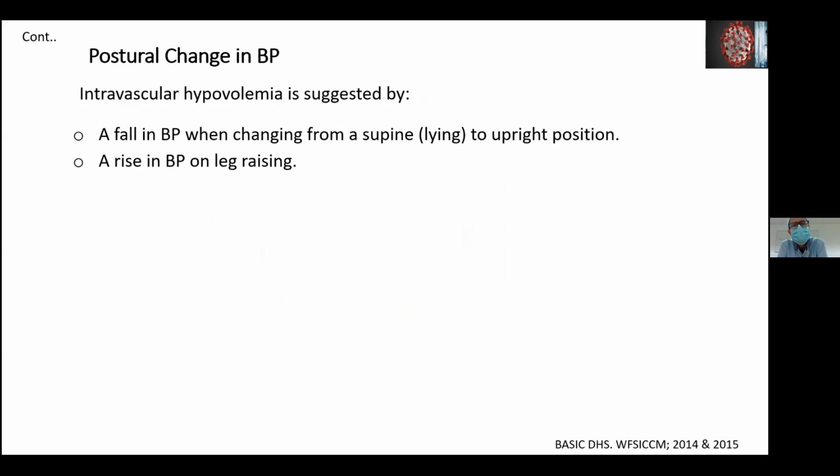That's why intravascular hypovolemia can be suggested if there are two conditions. First, there is a postural change: when you change the patient from supine to upright position and the BP drops, that is evidence or suggestion that the patient is hypovolemic. As well, if the patient is lying down and you raise the legs and the BP improves, normally systolic BP by 10% of the baseline, you can say that this patient is hypovolemic.